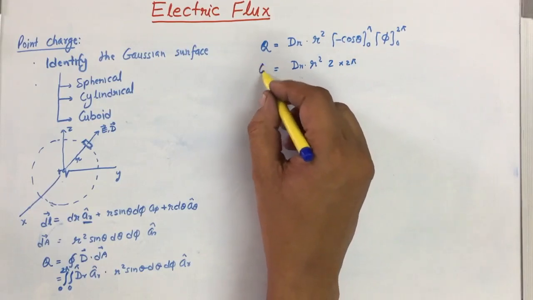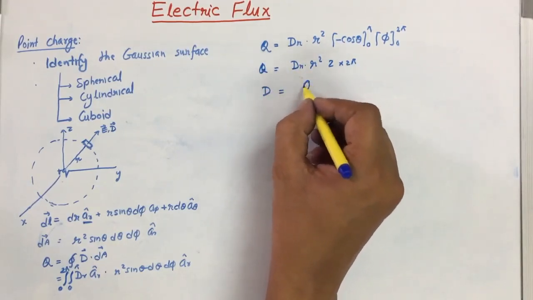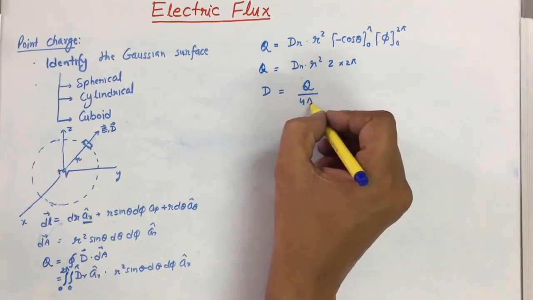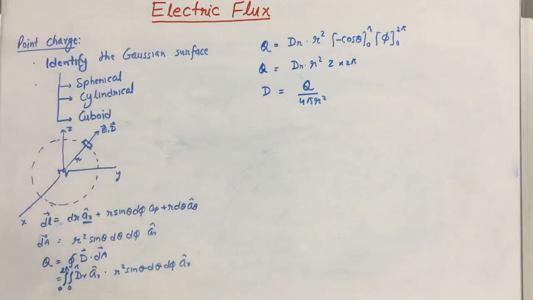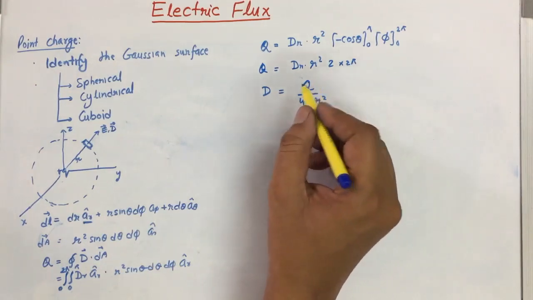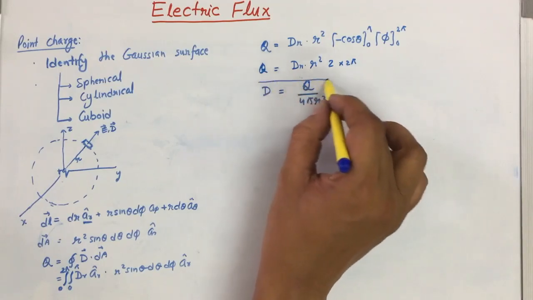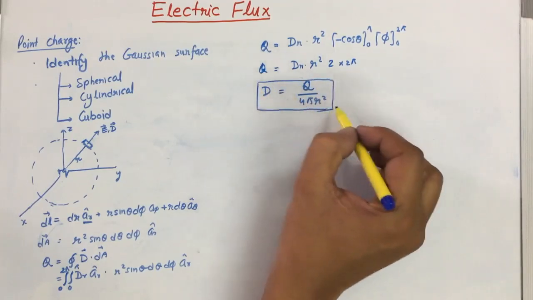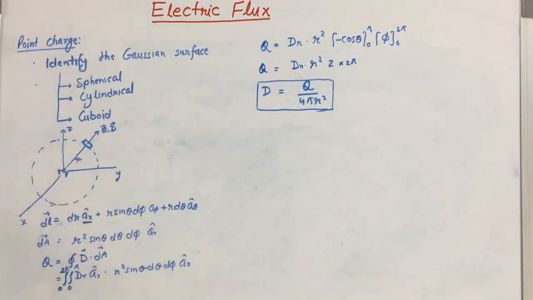So in this way Q is this, and if we find D, then we can say Q by 4 pi r square. We have already said in the beginning that Q and D are independent of the material. So from here we can say D is equal to Q by 4 pi r square, derived with the help of Gauss law.